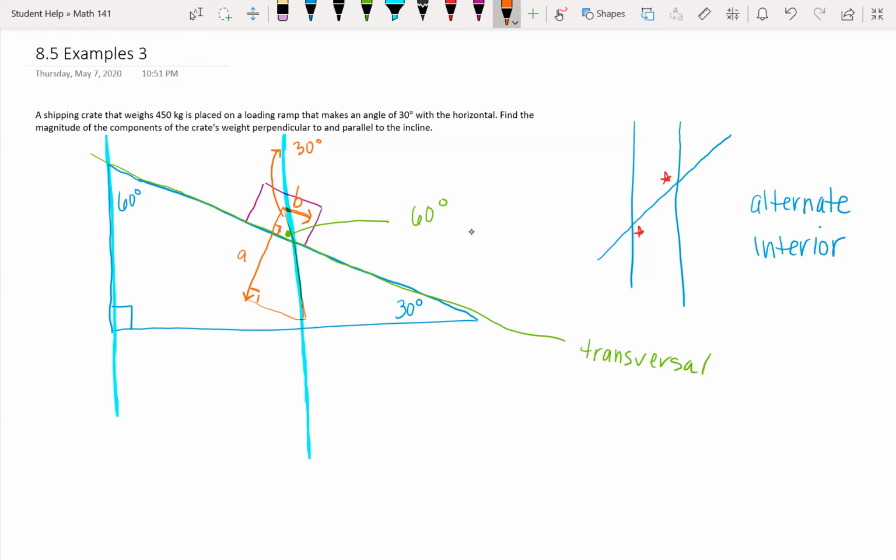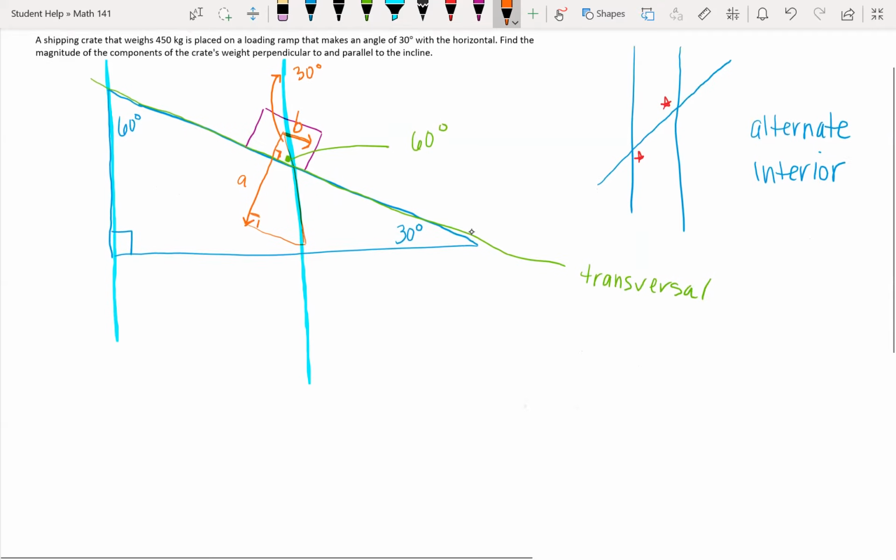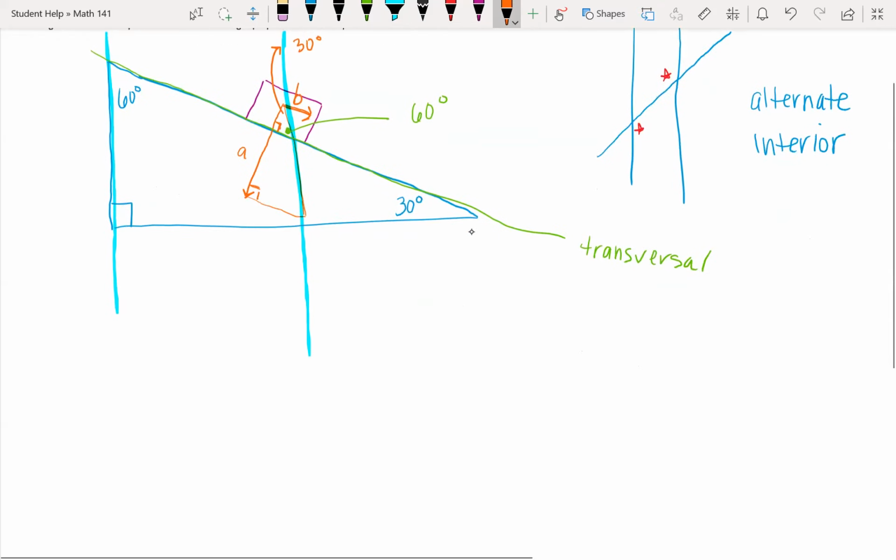All right, so we want to figure out what the components A and B are, the two forces that are acting upon the crate that's sitting on the plane.